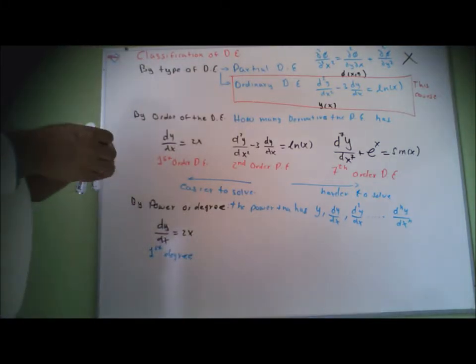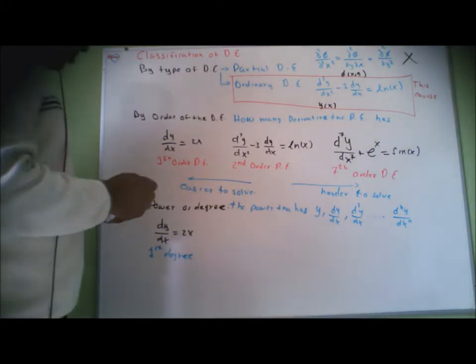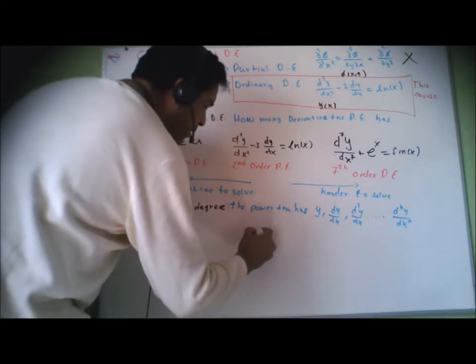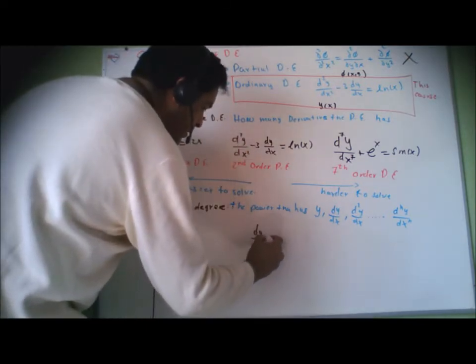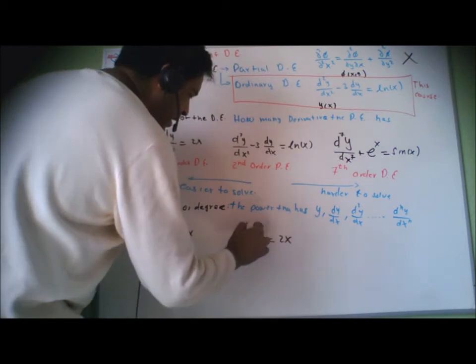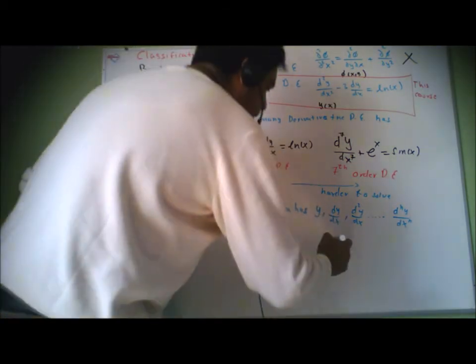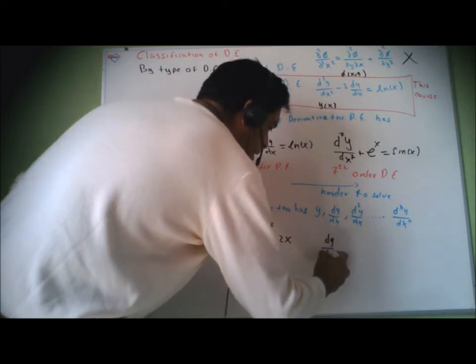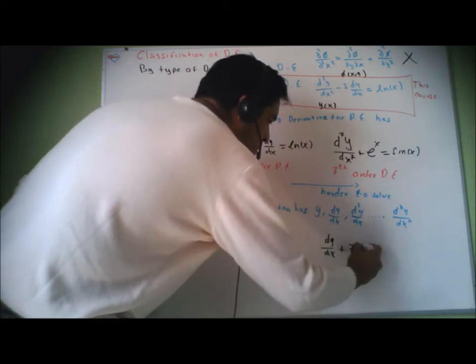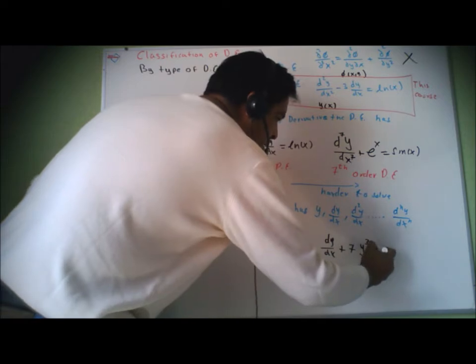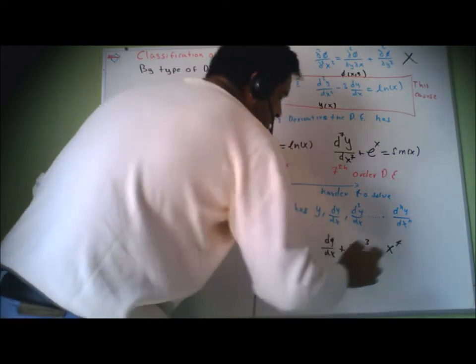Let me give other examples: the derivative of y with respect to x equals 2x, but here I'm going to make the derivative squared; or the derivative of y with respect to x plus 7y to the power of 3 equals x to the power of 4.